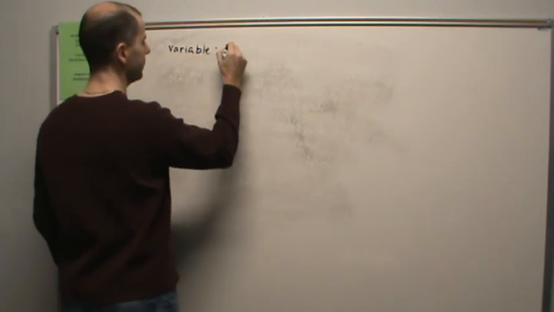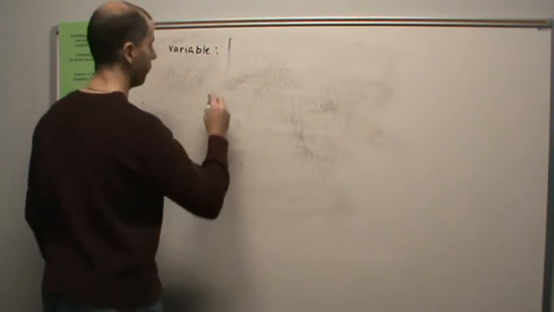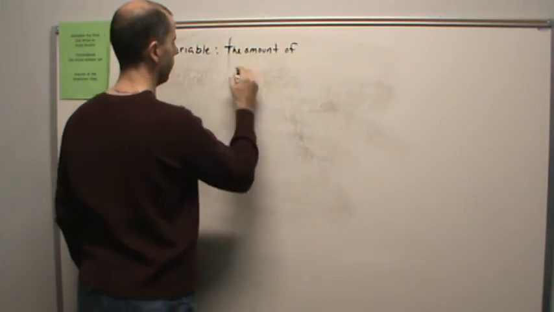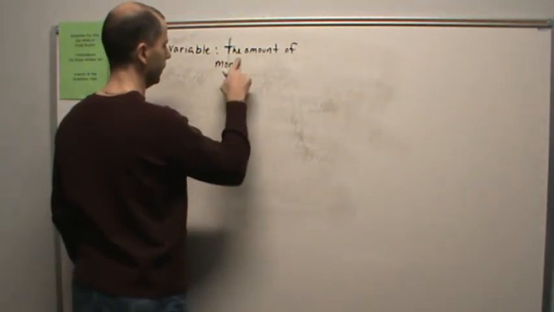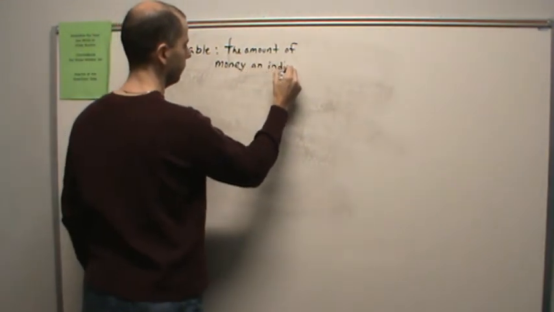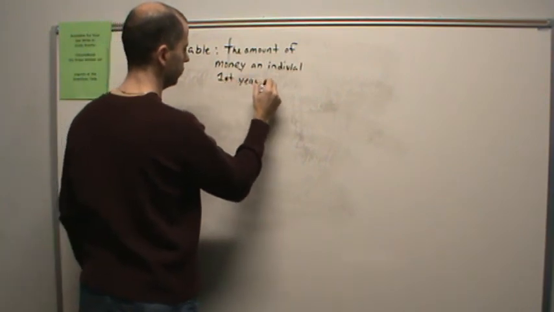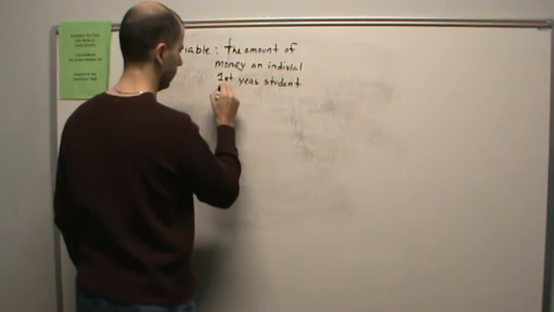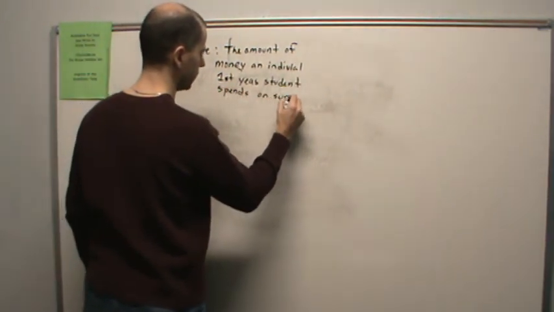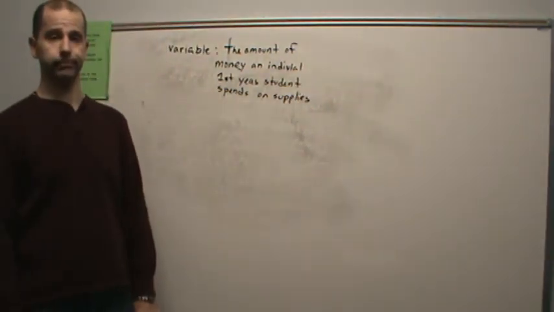Okay, so the variable is the amount of money an individual first-year student spends on supplies other than books. Okay? That's the variable.